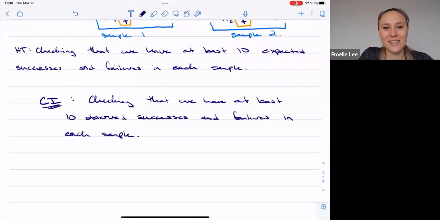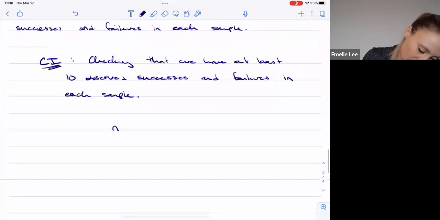How did we do that? Well, we did it for the one sample proportion. That's when we had to take n times p hat.